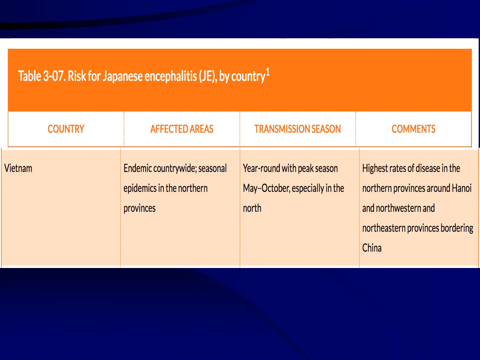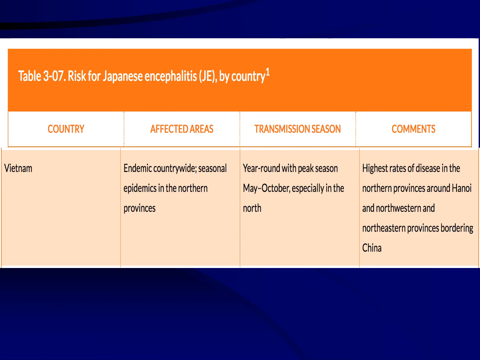Once we go into the table, we look at Vietnam and we can see that the affected areas do say endemic countrywide, seasonal and epidemics in the northern provinces. We see that transmission season is year-round with a peak season in May through October, especially in the north. And we also see that the highest rates of disease are in the northern provinces around Hanoi and northwestern and northeastern provinces bordering China.